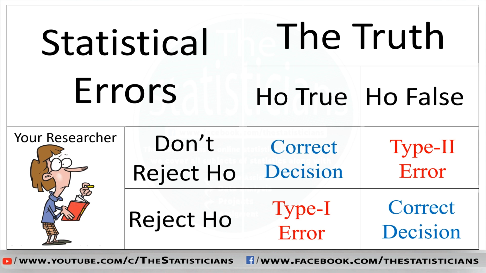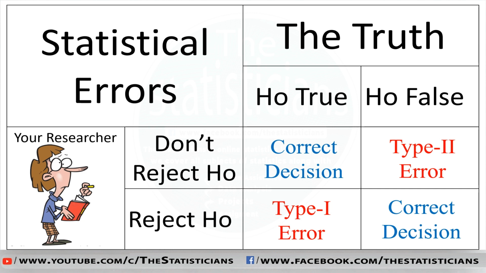These are all the possible outcomes that can happen in a hypothesis test. In two cases, we make the correct decision, and in the other two cases, we make an incorrect decision. One of them is a type 1 error, and the other one is called a type 2 error.